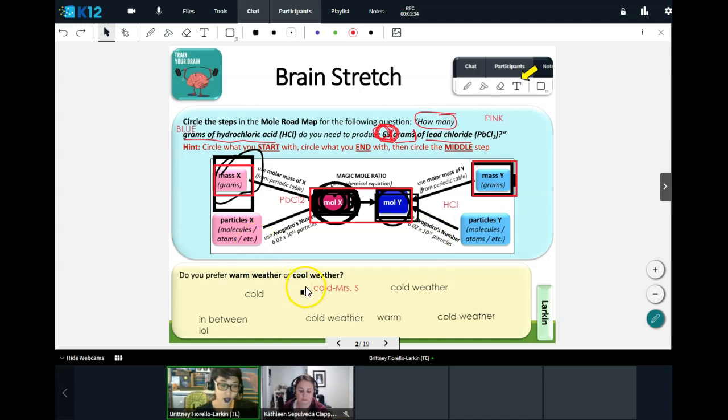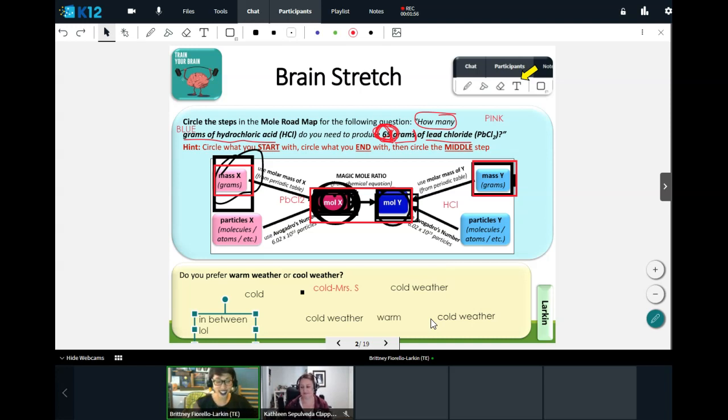Excellent. All right, so do you prefer warm or cool weather? I see so many cold. Why do we prefer cold? And then I see one warm and one in between. When I'm talking warm and cool though, I'm talking like 80 degrees versus 60 degrees. Not like 100 versus 0. All right.